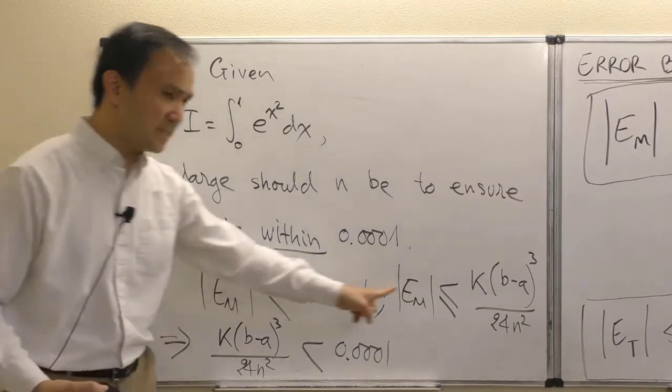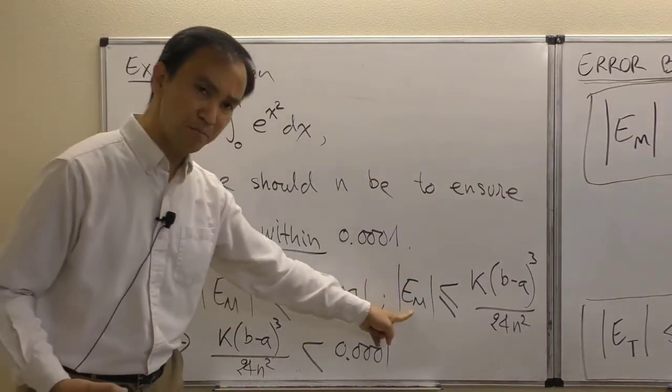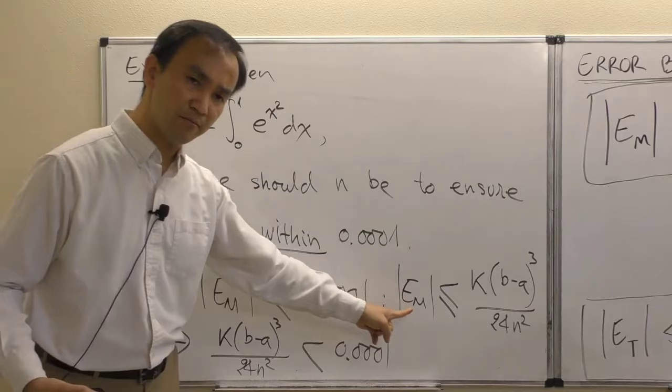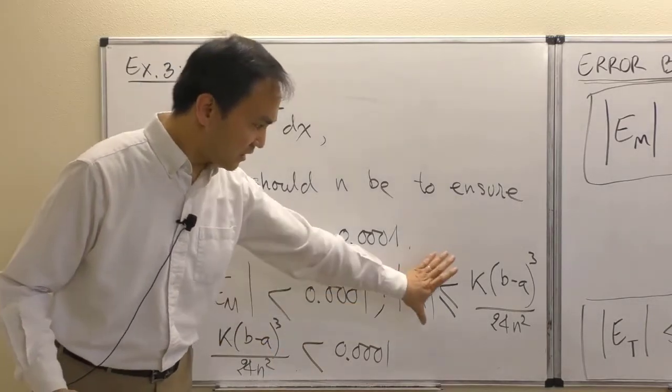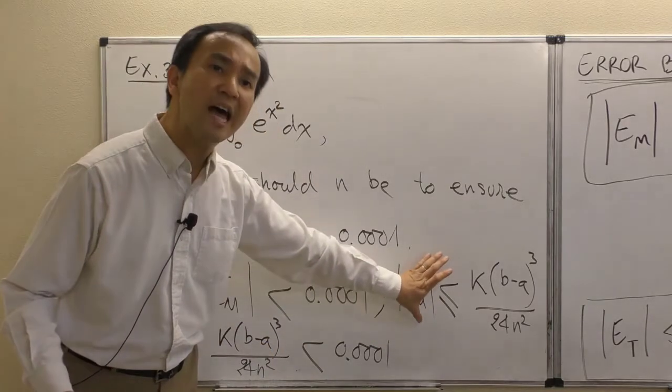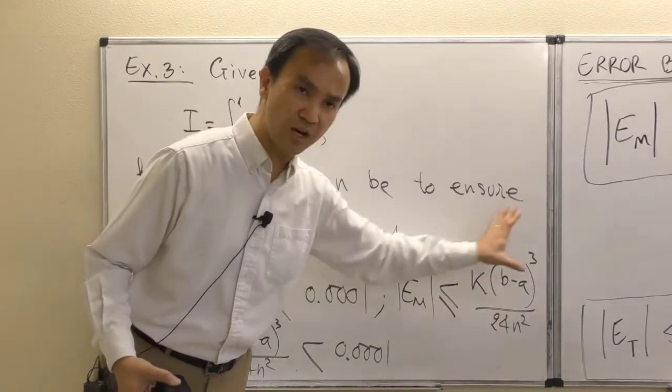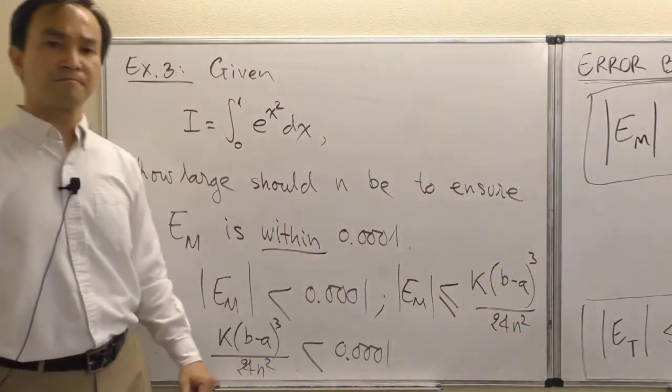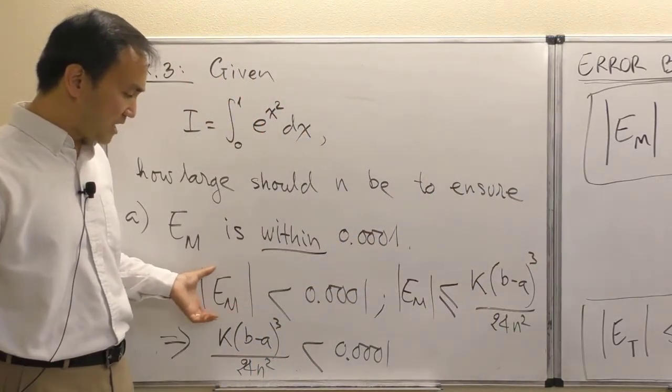Because think about that. Both of these inequalities compare directly with EM in absolute value. In this one, EM in absolute value is allowed to be equal up to whatever this expression comes out to be. But here the EM can only be strictly less than.